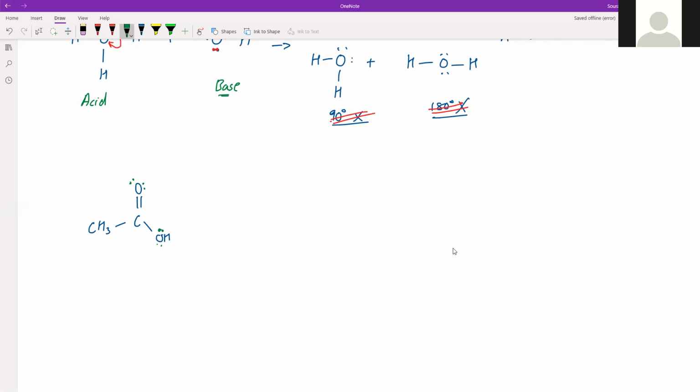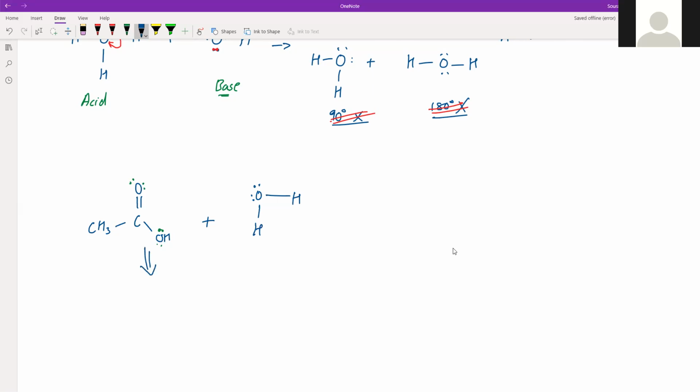And when this acid reacts with, say, a base that is water, this water molecule will have 2 lone pairs at O. So there is no charge here, but there is an electron rich region and electron deficient region, and there is also something else, that is this part.